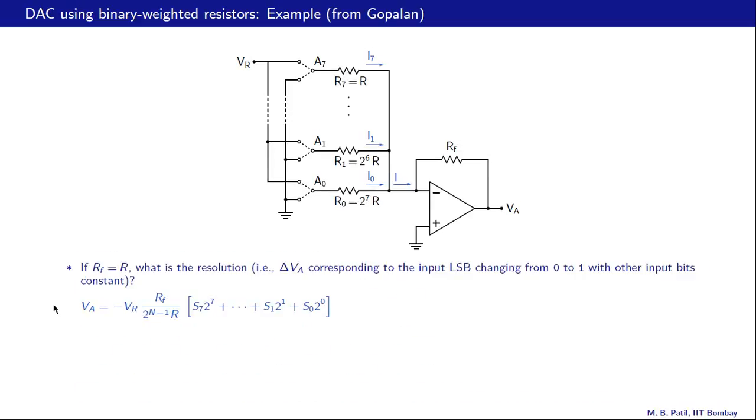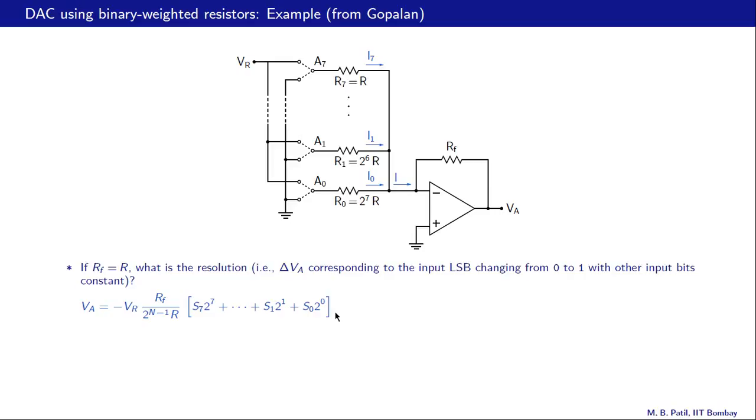Next question, if RF is equal to R, what is the resolution, that is delta VA, change in VA here, corresponding to the input LSB changing from 0 to 1 with all other input bits kept constant. Alright, so this is our expression for VA, and this bracket corresponds to the input binary number.